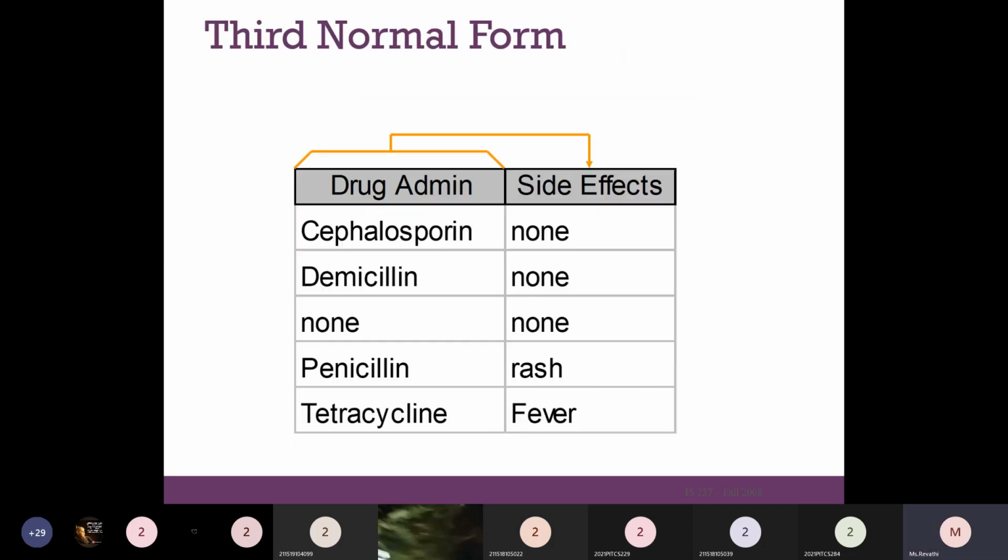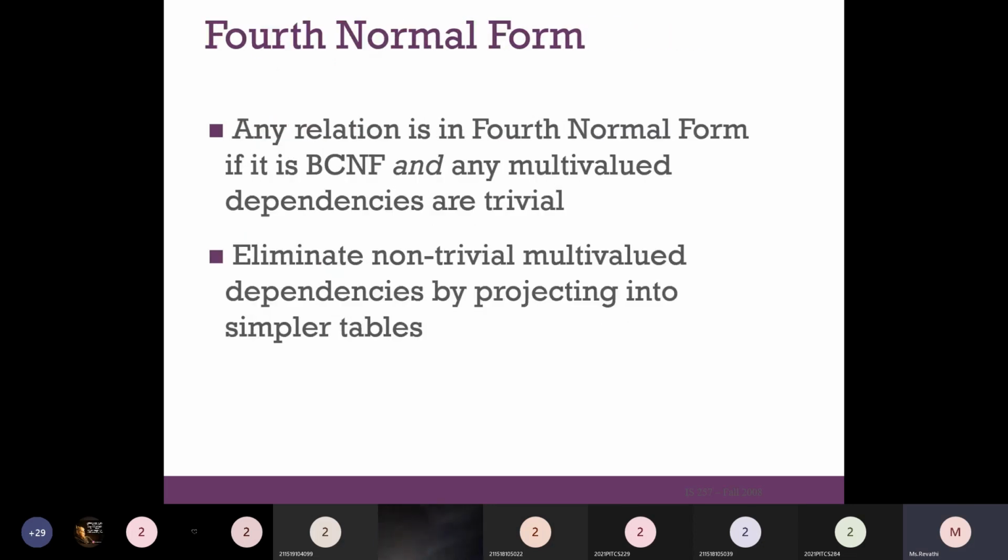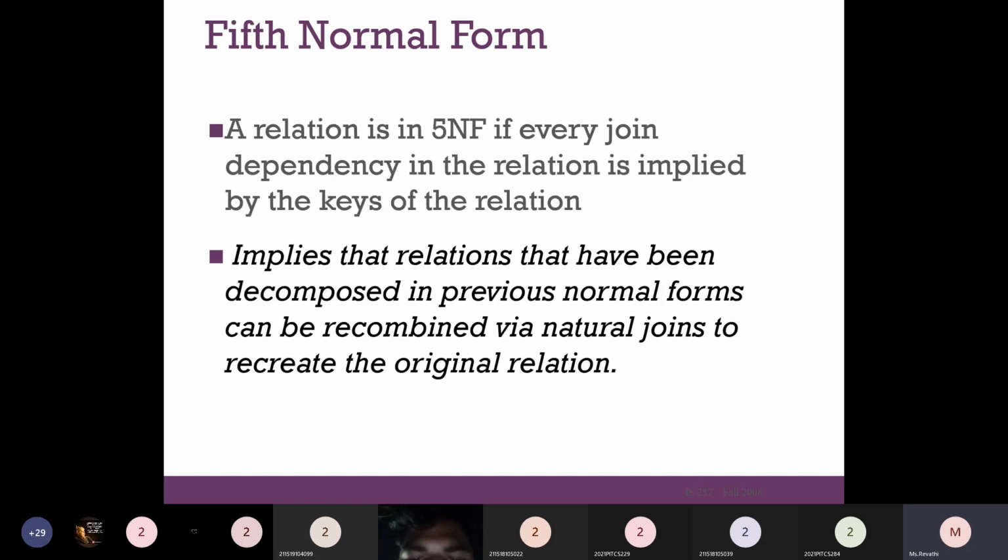Boyce-Codd normal form: every determinant must be a candidate key, and the candidate key must be a single attribute. And the fourth normal form deals with multi-value dependency. You have to eliminate the multi-value dependency by projecting your table into some smaller tables.